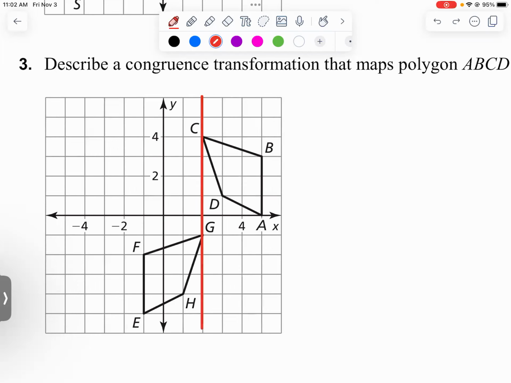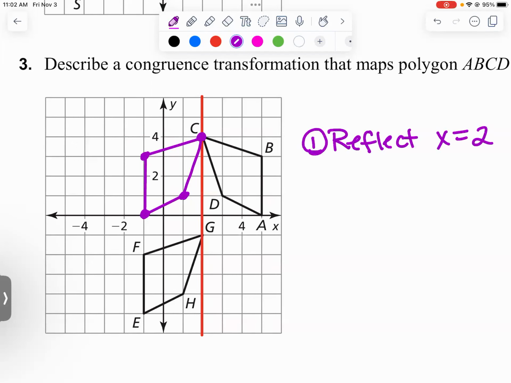This guy? Yeah, right there. So if we reflect across that guy, then we would be here. You just have to do a translation. Okay, so we could reflect where x equals 2, and then we would have to do a translation down. Is that what you said? Down 5. That might be really easy.